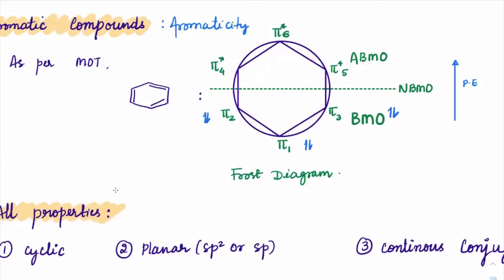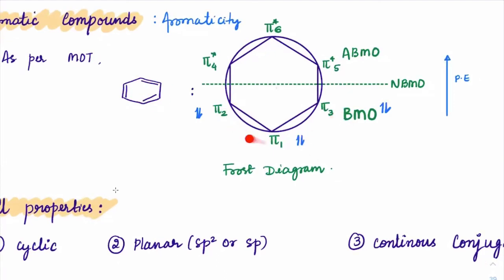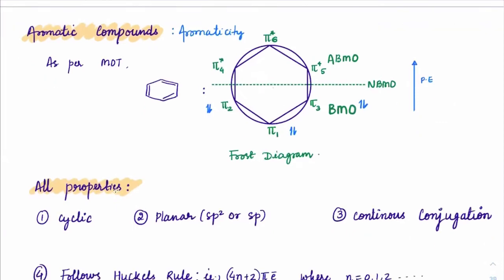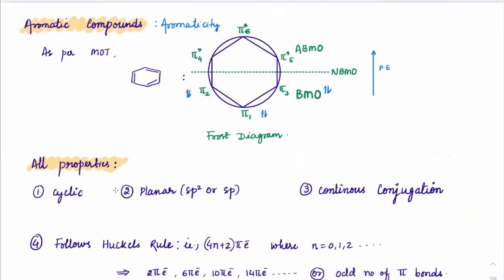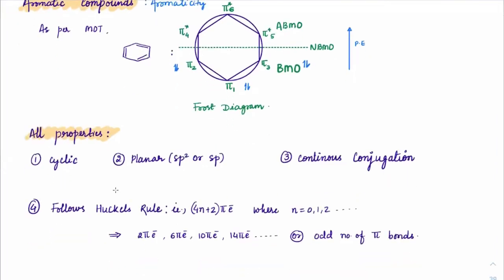From here we can figure out, according to the Frost diagram, that the pi electrons in benzene are always in the bonding pi orbitals. Hence, they attain high stability. Got it? This type of Frost diagram pattern is observed in other aromatic compounds also, but there are certain properties they must satisfy.